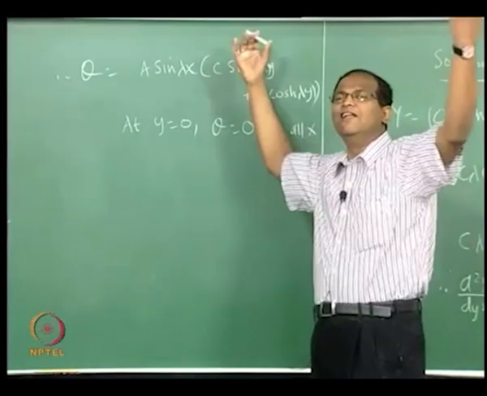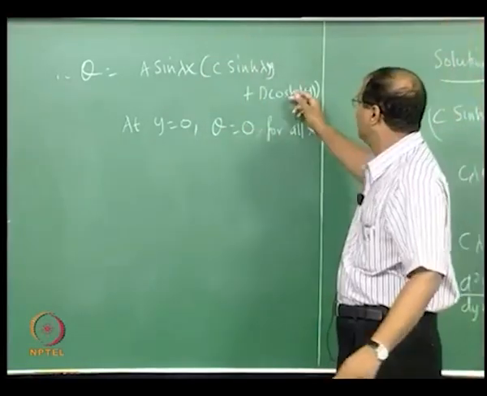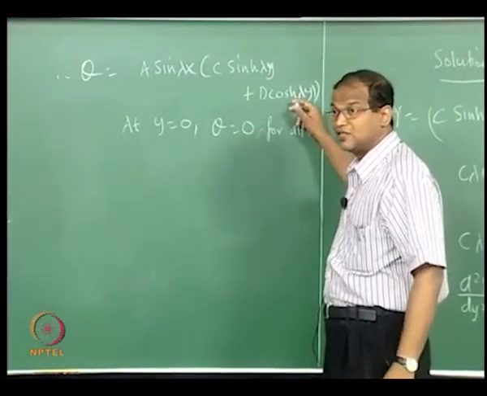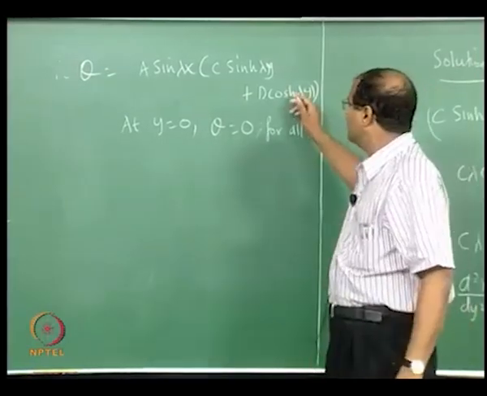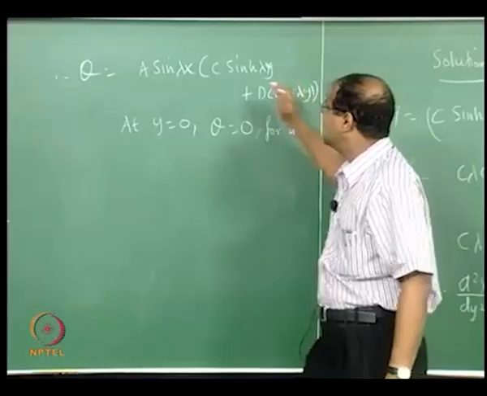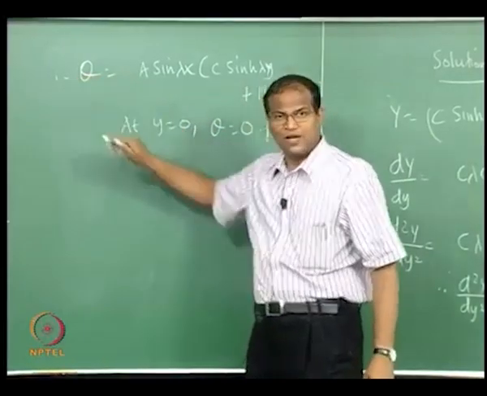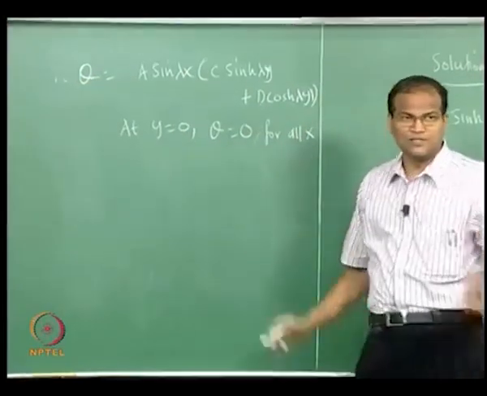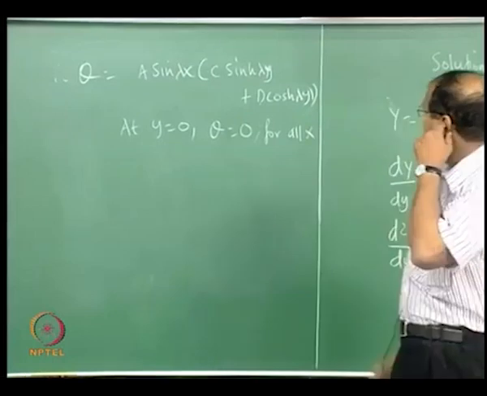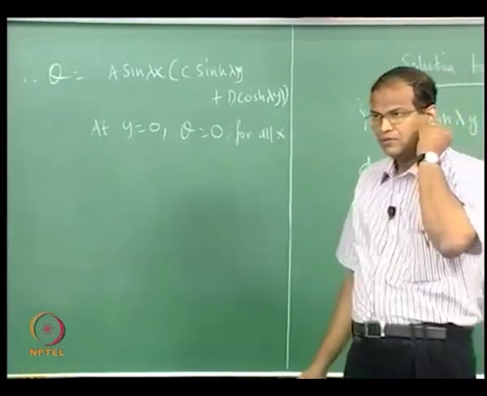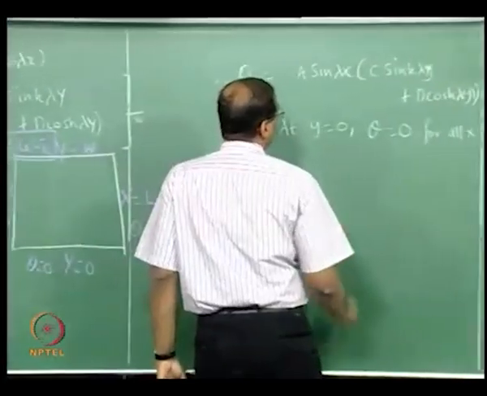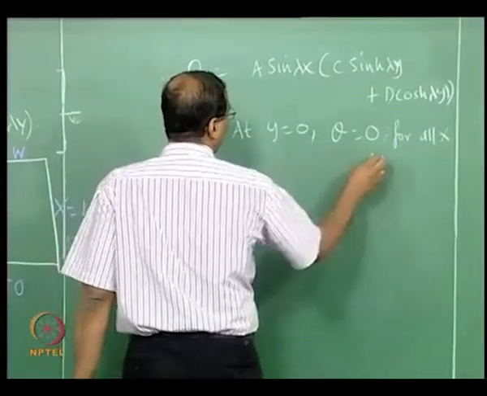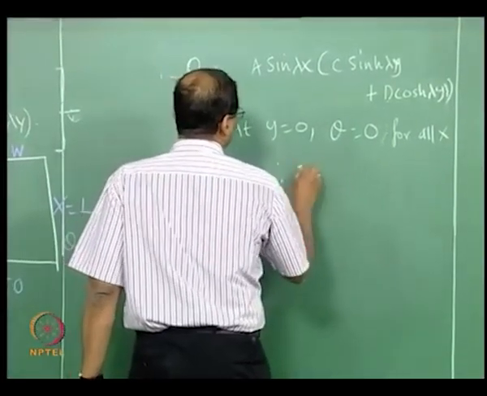Therefore C can take any value, C is a free bird, but D cosh of 0 equals 1, but theta has to be 0 for any value of x, therefore D must be 0, correct, for all x.